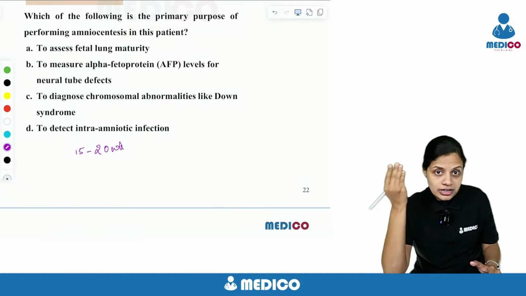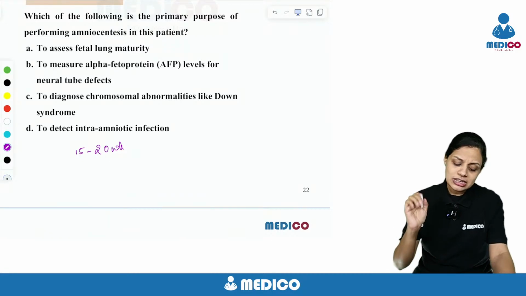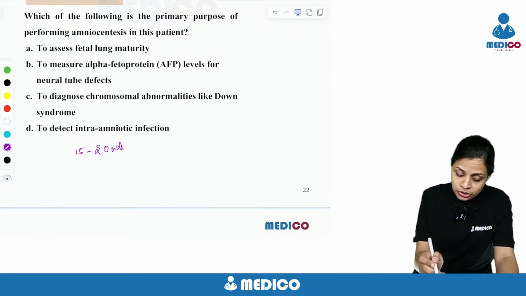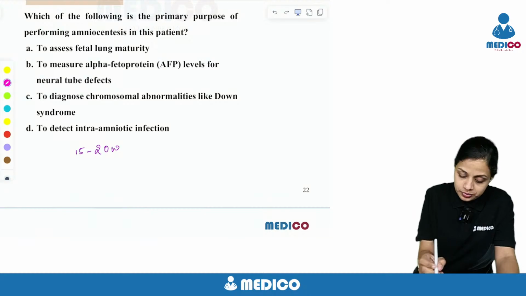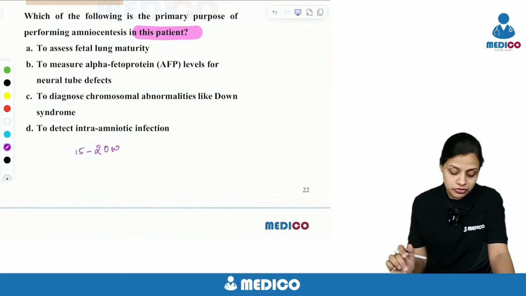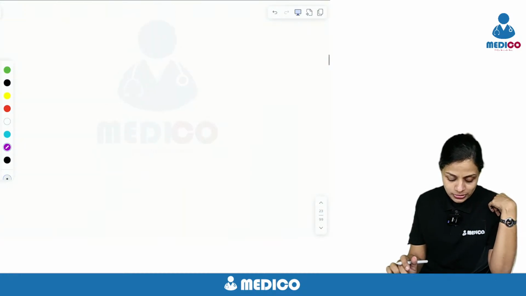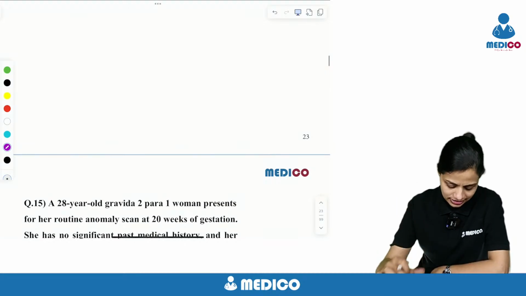You can look for Rh isoimmunization. So many things can be looked for in amniocentesis. But here, the question clearly asks what the purpose is in this patient. Why has she done this? Because of her advanced maternal age. So what do you want to do? You need to diagnose chromosomal abnormalities like Down syndrome.